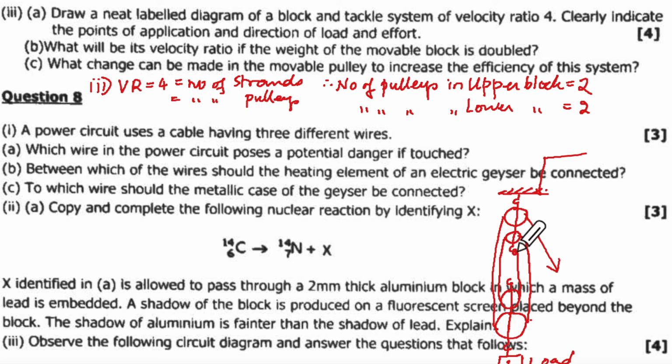Can you see here it is tied? So you have 1, 2, 3, 4, so load is equal to 4T. This will be effort. Don't just write E. Effort is equal to 1T, so effort is equal to T. Write T everywhere like this, and make sure that these strings are not touching each other, and this string which is tied here is away from this hook.